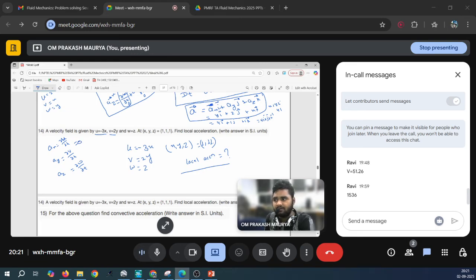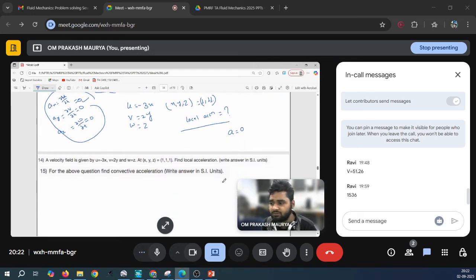Once you differentiate, you will get 0. In v also and w also you do not have any function of t. That is, w is not a function of t, v also not a function of t, and u also not a function of t. So your local acceleration will be 0.